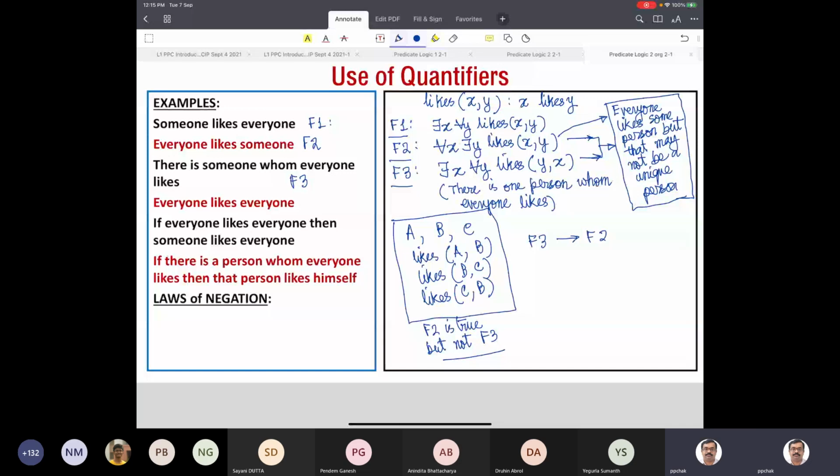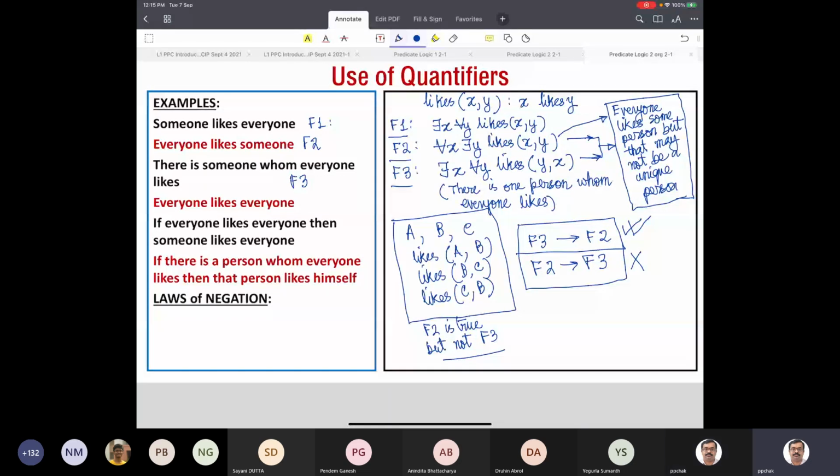Can we write this or can we write this? Which one of them is true? F3 implies F2. This is true and this is not true. Correct? Is it okay now?